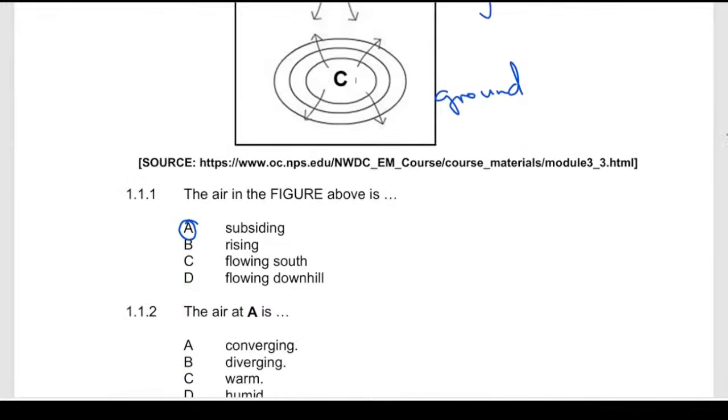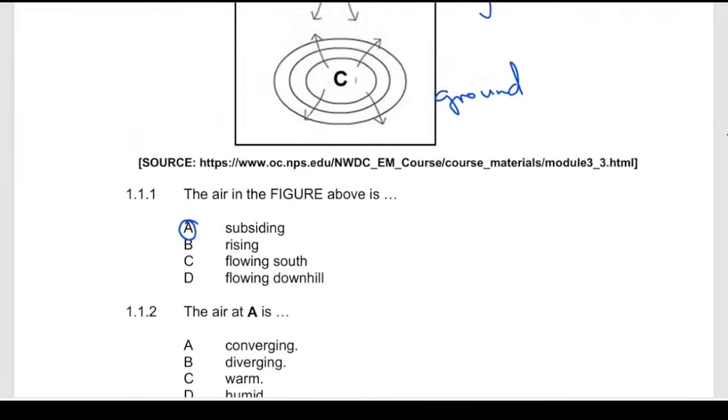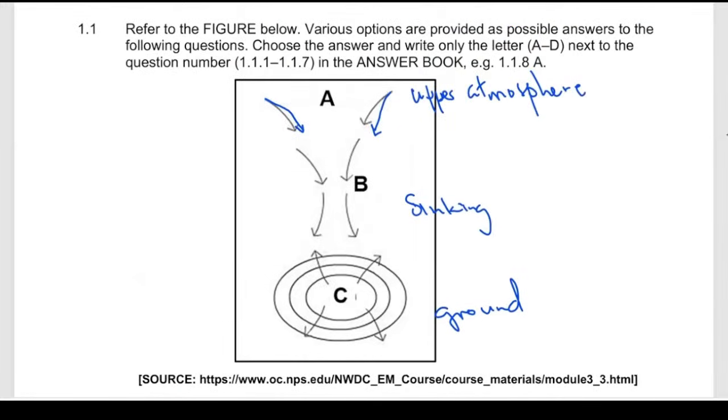Then number 1.1.2, the air at A is dash. If we look at A here, we see that one arrow is going in the direction of the other arrow. When air is coming together like this, we call it convergence. What you must remember is that when we have a high pressure cell, we have convergence in the upper atmosphere.